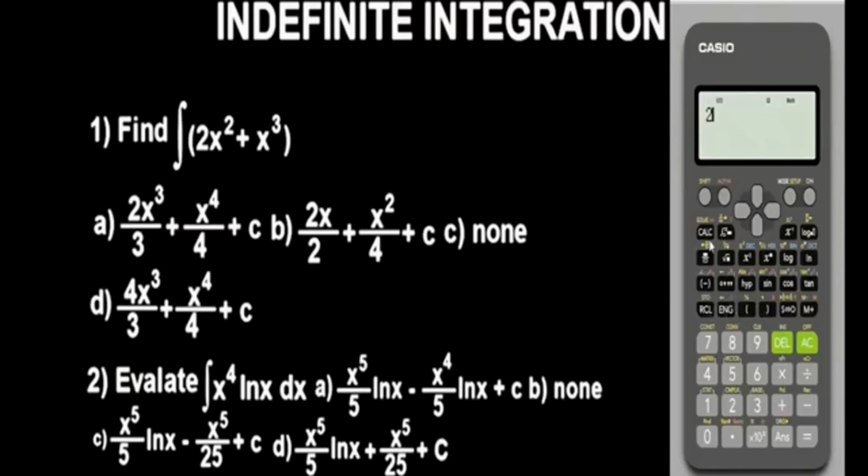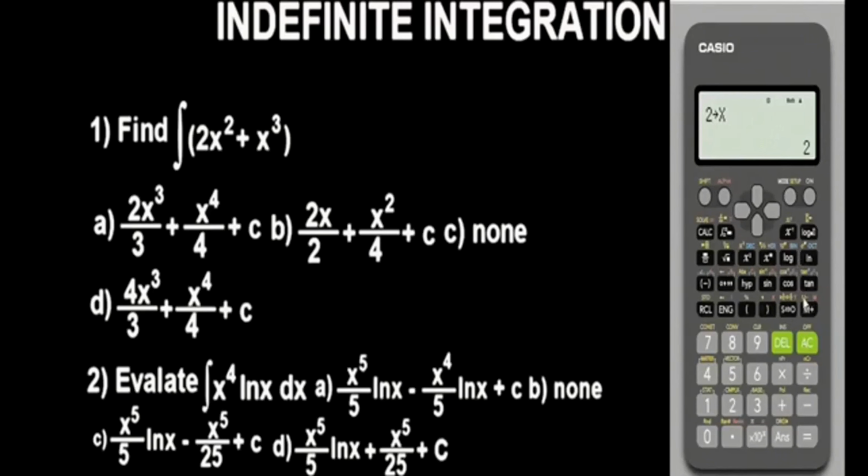Once we press shift and RCL, then press the button where S is. X is written in pink color on top of this button. Once you do it, it will indicate here that this value has been stored as X on the calculator. 2 has been stored as X. So we are good to go now.